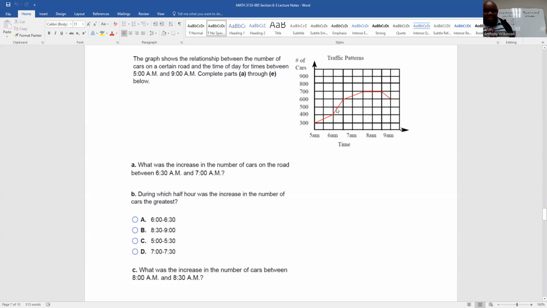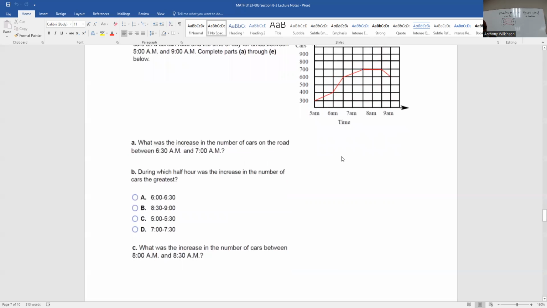Notice this line is a lot steeper, or has a slope that's, well, we'll talk about slope later, but notice that it's going up quicker between 400 and 600 cars. That's the biggest jump. So between 6 and 6:30, that's where the number of cars increased the greatest.